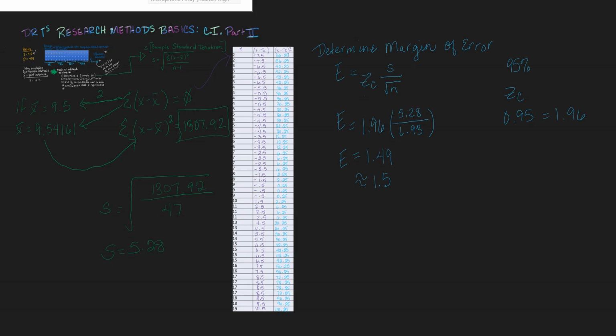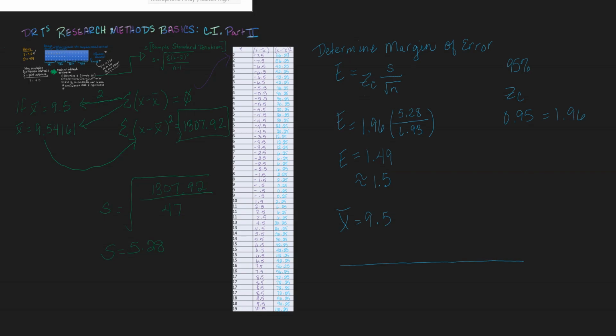Okay, this is kind of cool now. Now we get to do a couple of things really fast, finally, right? If we know our margin of error is 1.5, and we know that our sample mean is very roughly 9.5, then I want to create an interval.